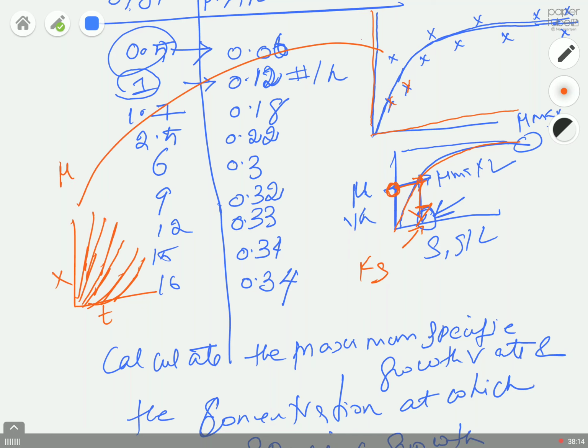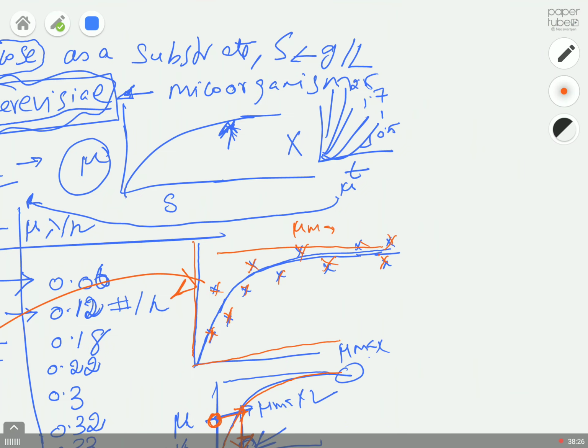From there you go to this type of graph, and you will have a lot of fluctuations. So when you have this type of fluctuation, how are you going to get exactly your mu max value? It's a bit tricky, and that's why we need some curve fitting technique.